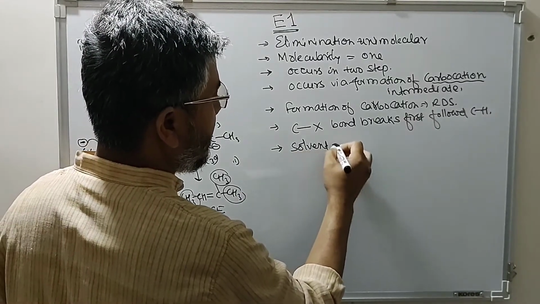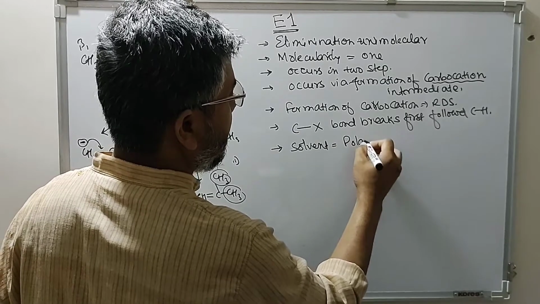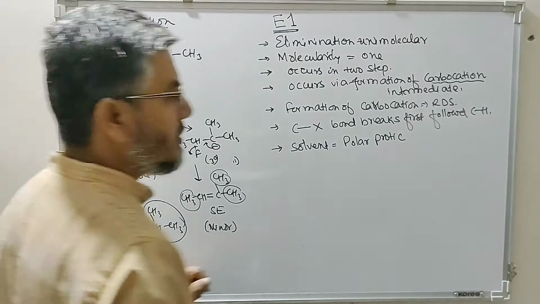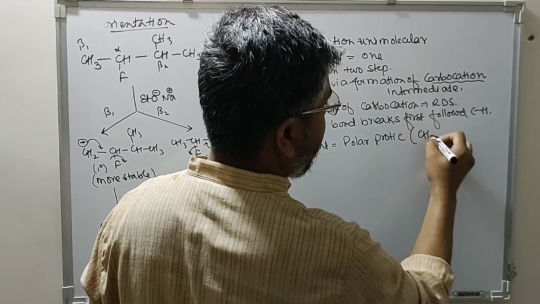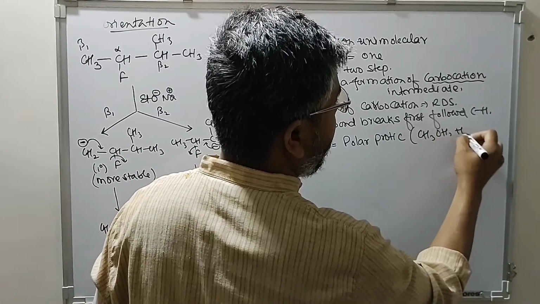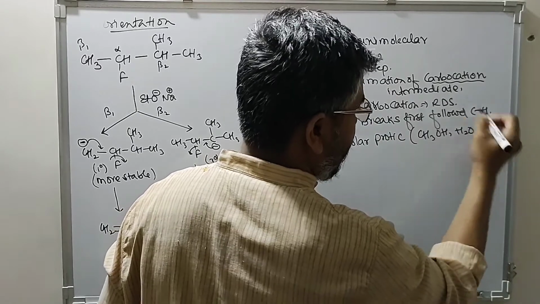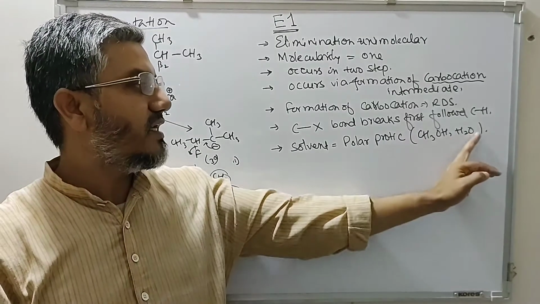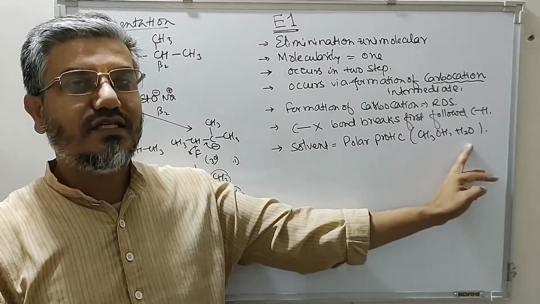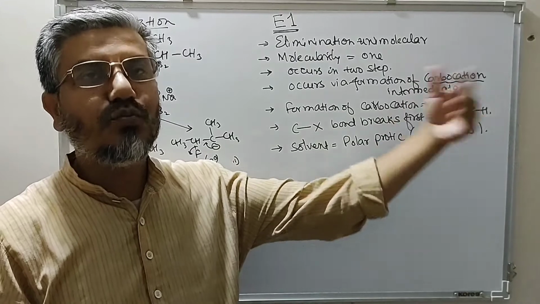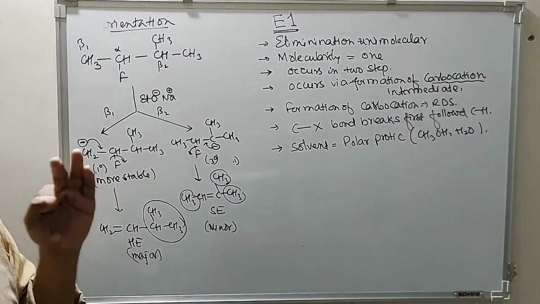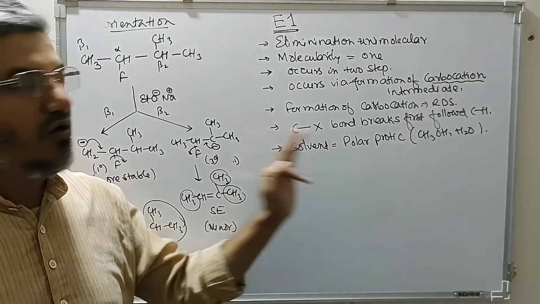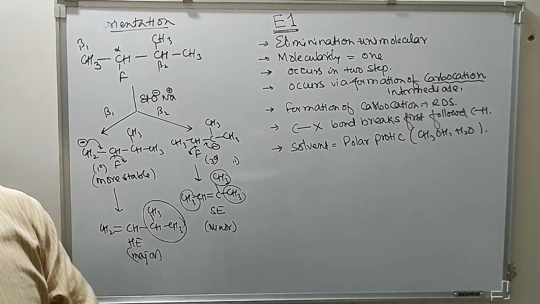Polar protic means we can have, for example, methanol or water. These are known as polar protic solvents, meaning an acidic hydrogen is attached to oxygen. So all successful E1 reactions must be carried out in the presence of a polar protic solvent.